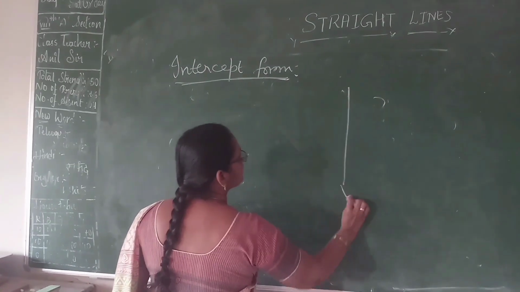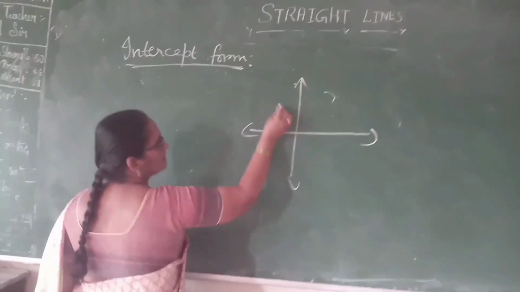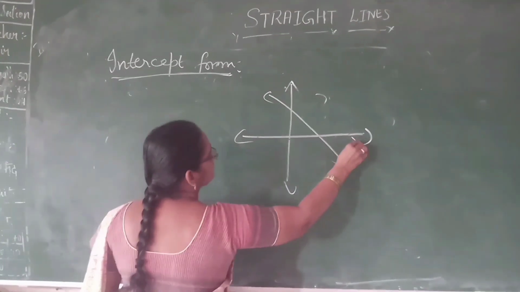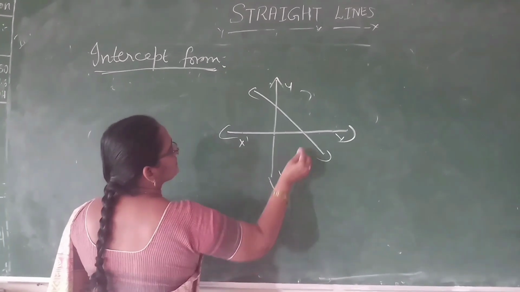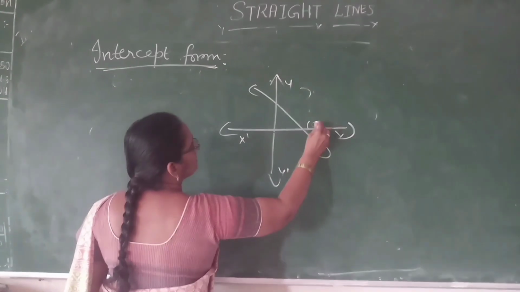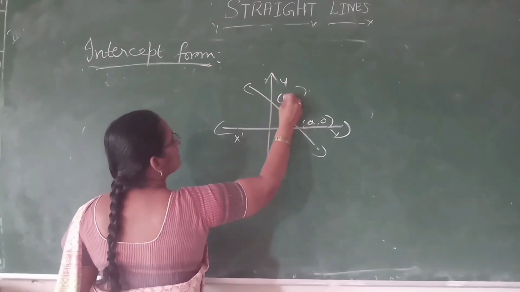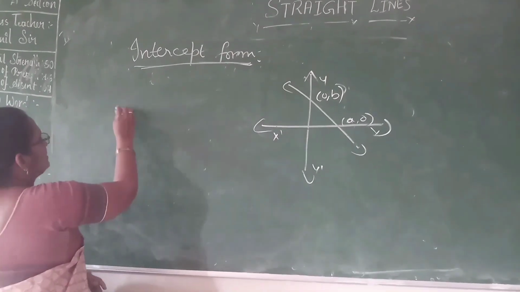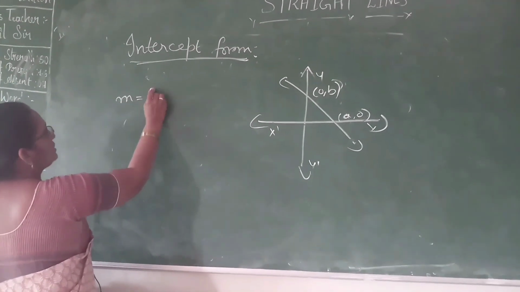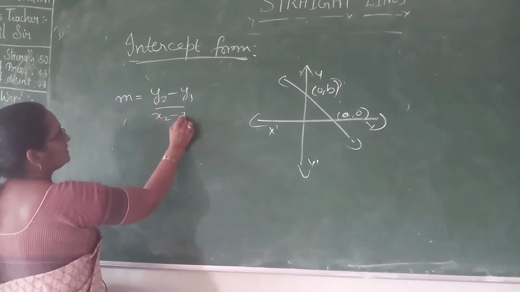So, again if you take a line like this, here what you will write? A comma 0, and 0 comma b. Then again you write down the slope of the line. M is equal to y2 minus y1 by x2 minus x1.